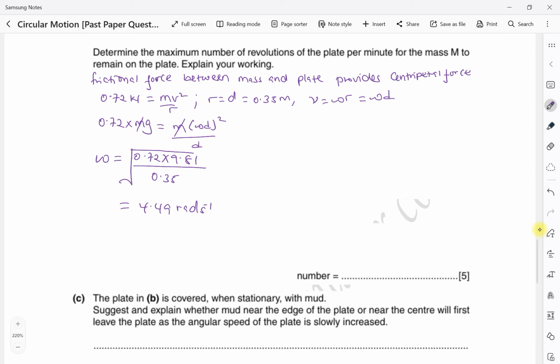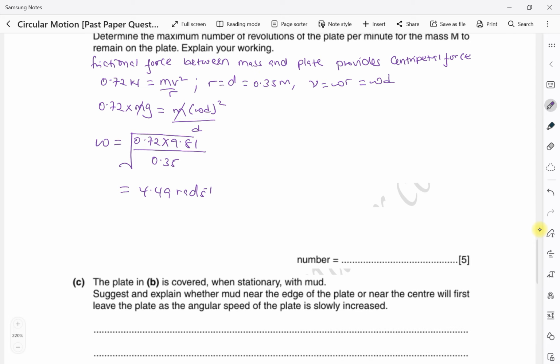We can first find the time for one revolution, which is equal to the period, 2 pi over omega, in seconds. Then we find the number of revolutions in 60 seconds, or in 1 minute.